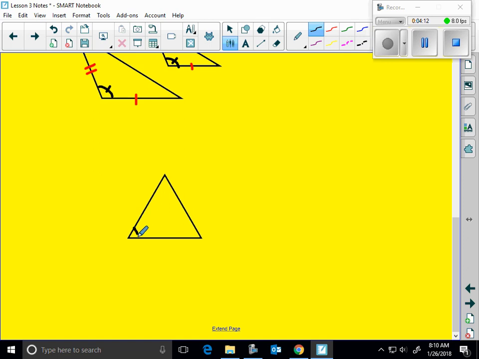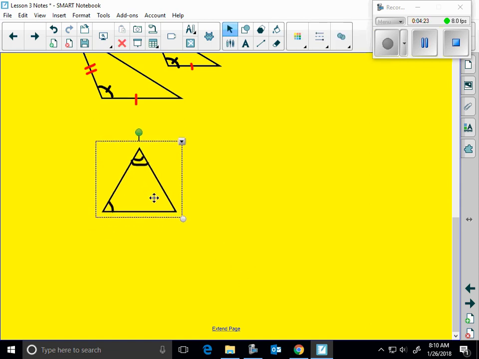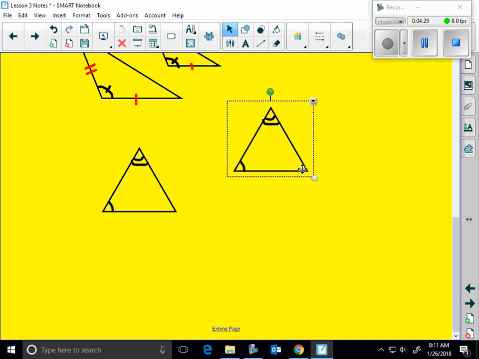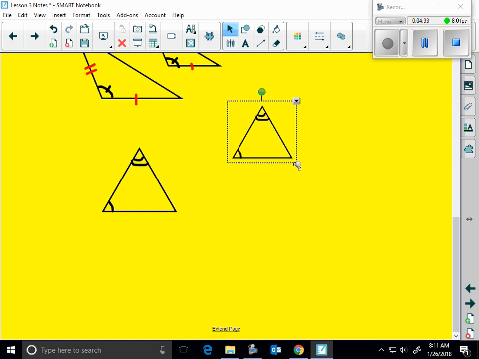Let's say this angle is whatever measure, this angle is whatever measure. I only know 2 angles, right? But if I take this triangle and I shrink it, does anything change with those angles? No.